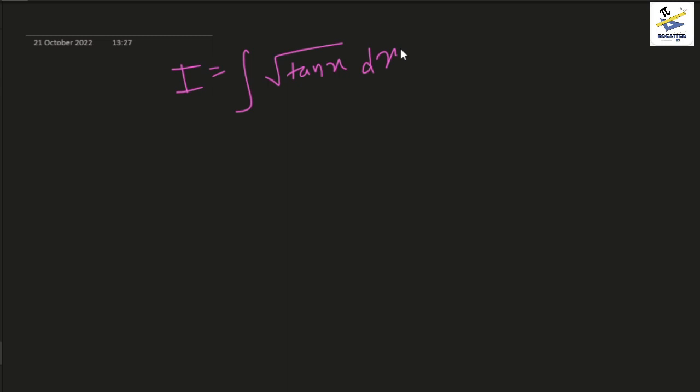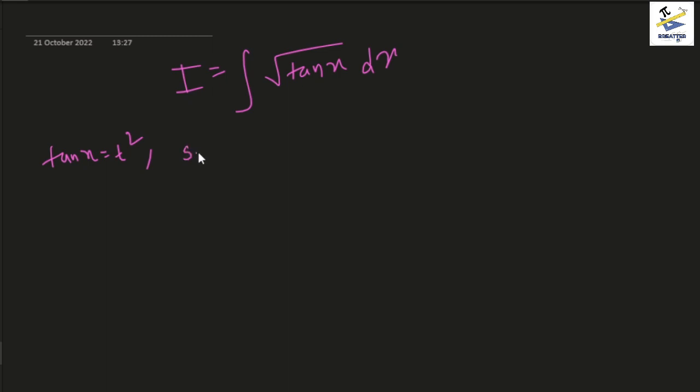So let us say the problem is integration of square root of tan x. So what we can do firstly is we can substitute tan x equals t square. This substitution is very provocative, and obviously what we need to understand is we need to find dx, right?